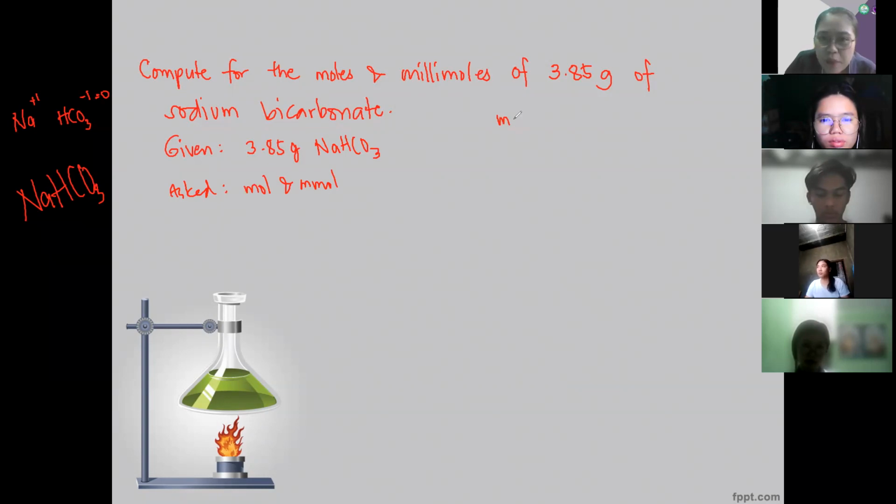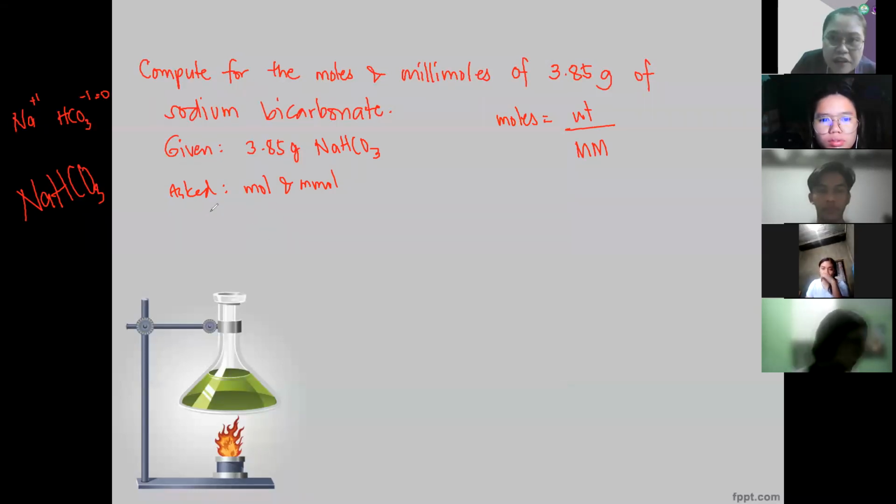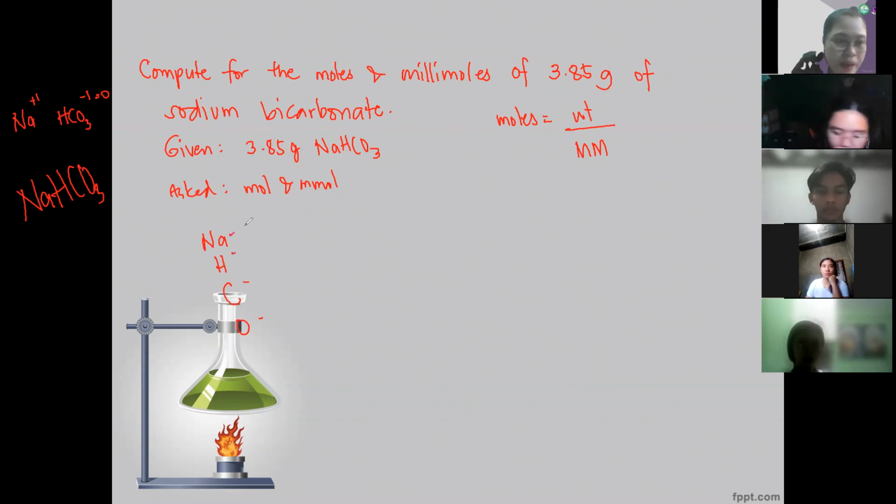Now, the same formula, moles is equal to the weight of the substance in grams divided by its molar mass. But the molar mass is not given in the problem. So before we can proceed, we have to determine first the molar mass of sodium bicarb. So this is NaHCO3. We have 1 sodium, 1 hydrogen, 1 carbon, and 3 oxygen.